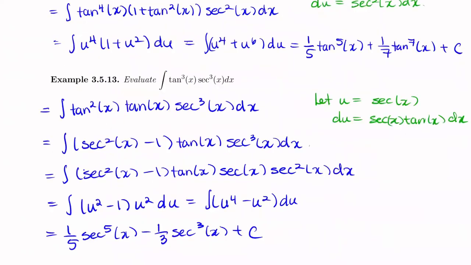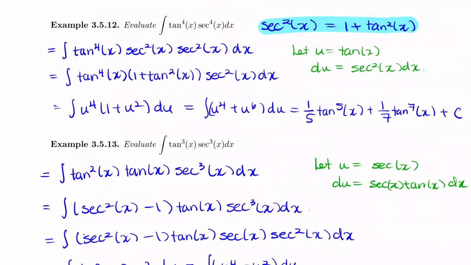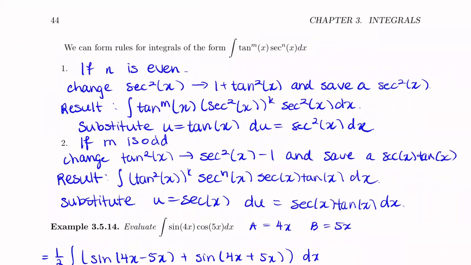For the second case, we had to look at what happens when you have tan and secant as a product of each other. So we had to look at what happens when the exponents here are even, and also when the exponents here are odd. Then we generalized two rules for when n is even and when m is odd.